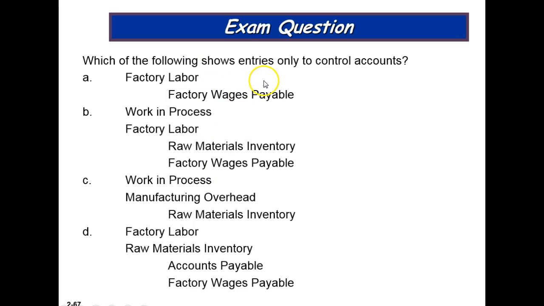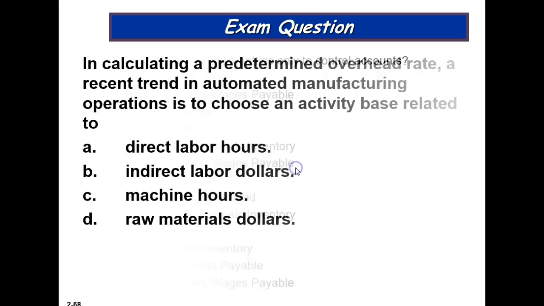Which of the following shows entries only to control accounts? Now, factory labor payable, factory labor, raw material. Which of these guys are control accounts? C, perfect.